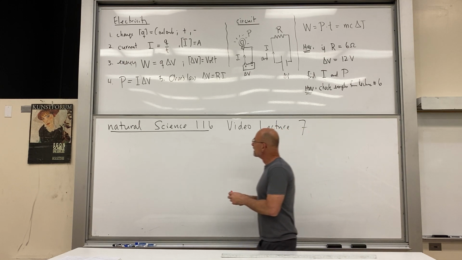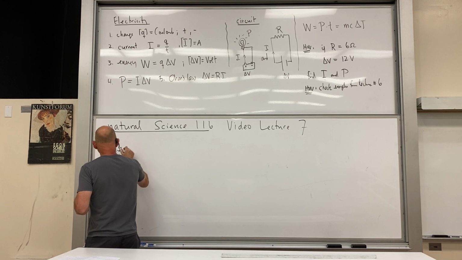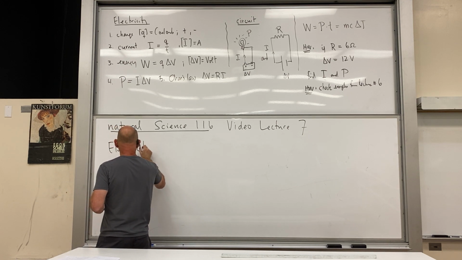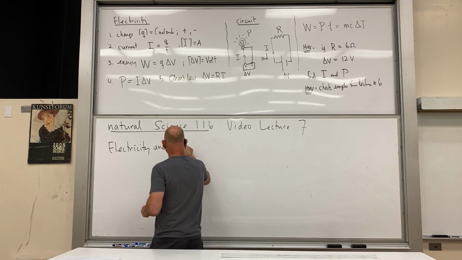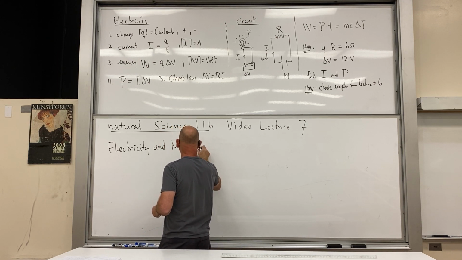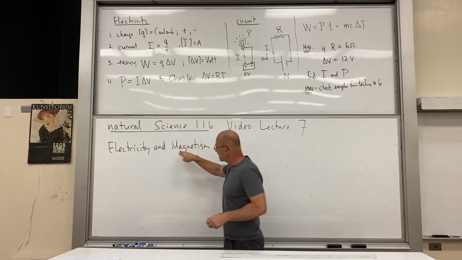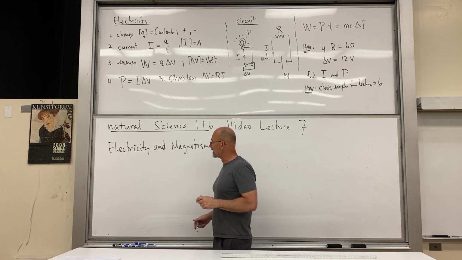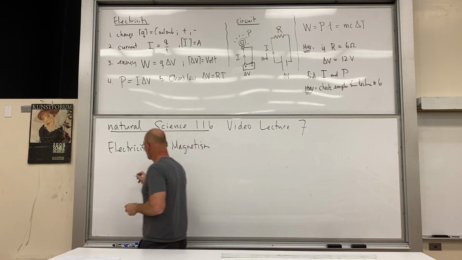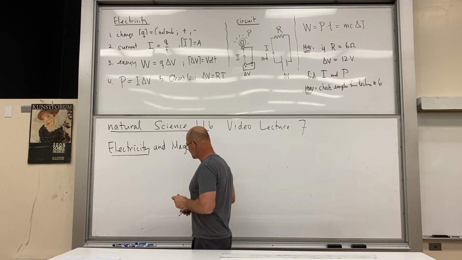So the next set of topics is just electricity and magnetism. And in particular, I have to bring some magnets out. Then after we look at these separately, we'll see the relation between the two, and then we'll be able to move on. So as far as the electricity goes, we've talked about it.